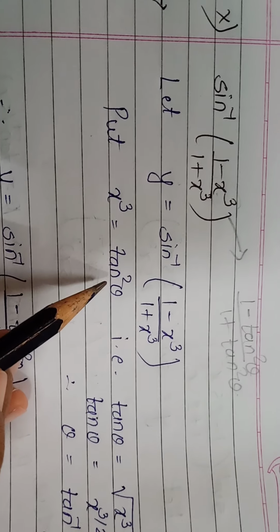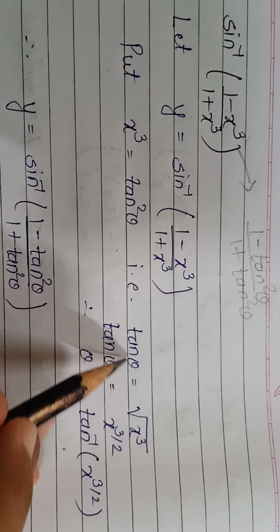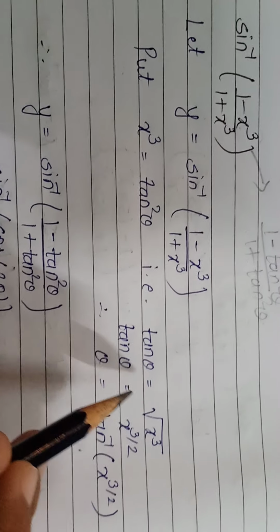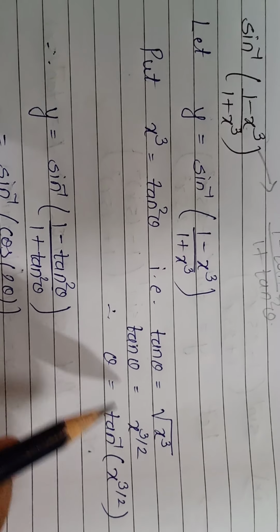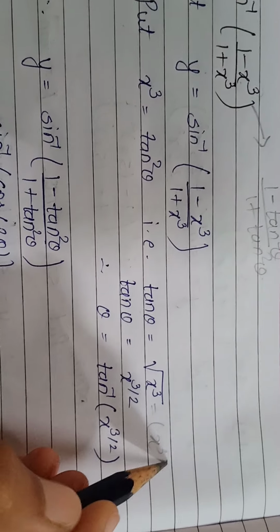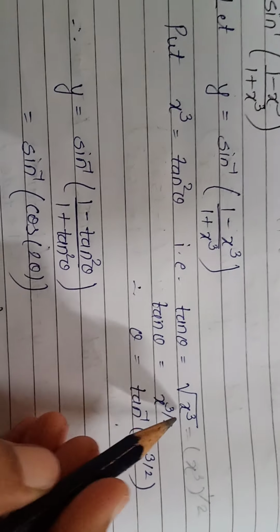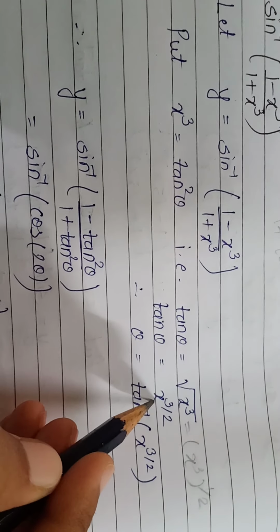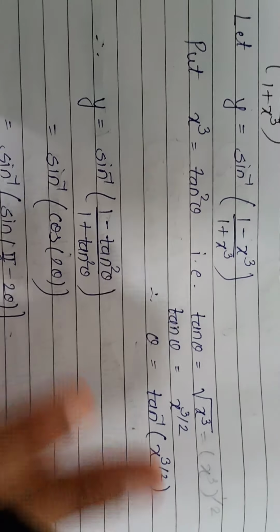Then in order to get this theta, first take the square root, so tan theta equals the square root of x cube, which means x raised to 3 by 2. This can be written as (x cube) raised to half, that means x raised to 3 by 2. Everyone can write this directly. So theta is equal to tan inverse of x raised to 3 by 2.